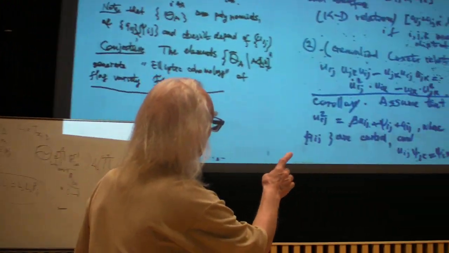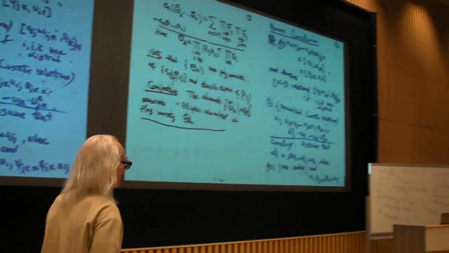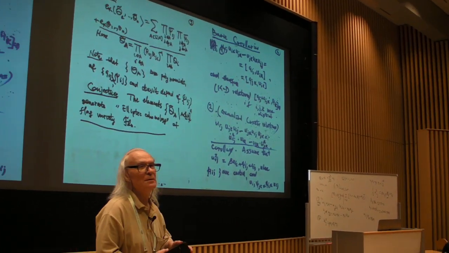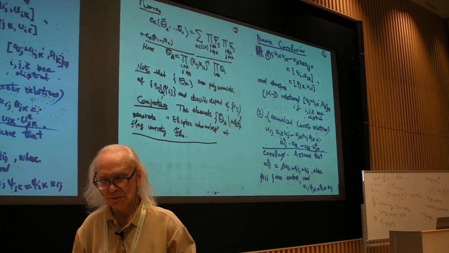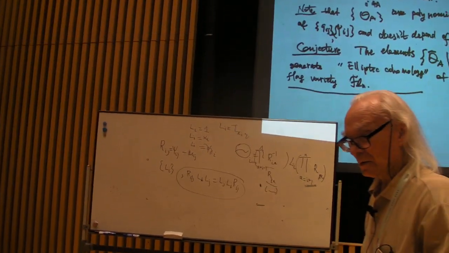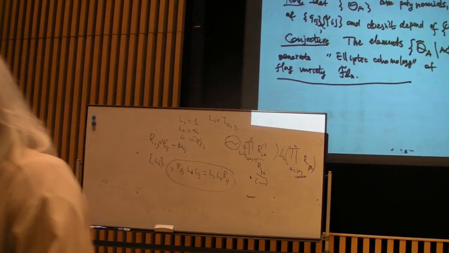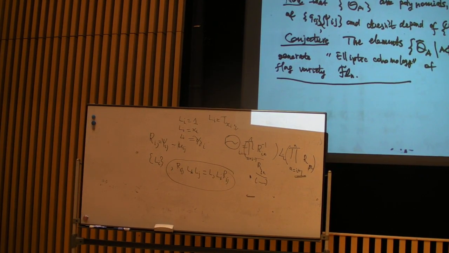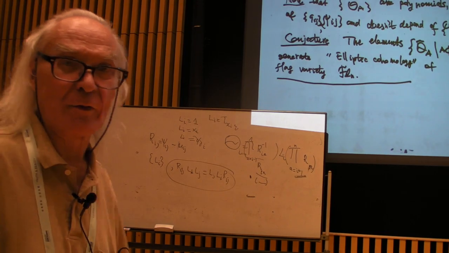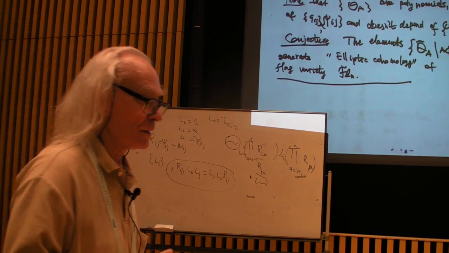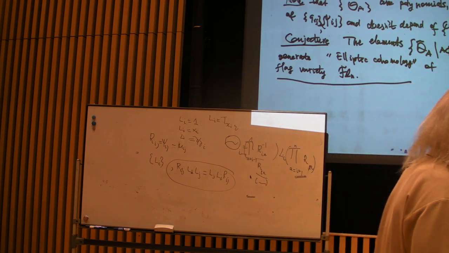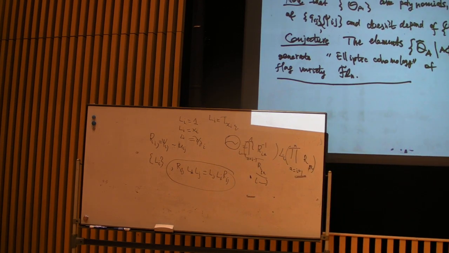I'd like to know that in the elliptic case, what is psi ij? This is given with quantum corrections, because the number of quantum corrections is bigger than the number of quantum parameters.